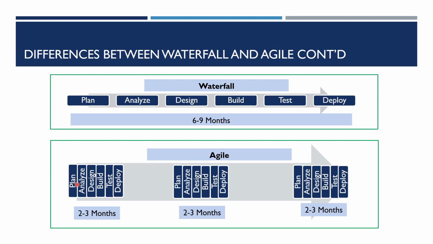So every 2-3 months, we have a release. So we deliver the highest business priority requirements into the customer's production environment after every couple of months. That's how Agile works.